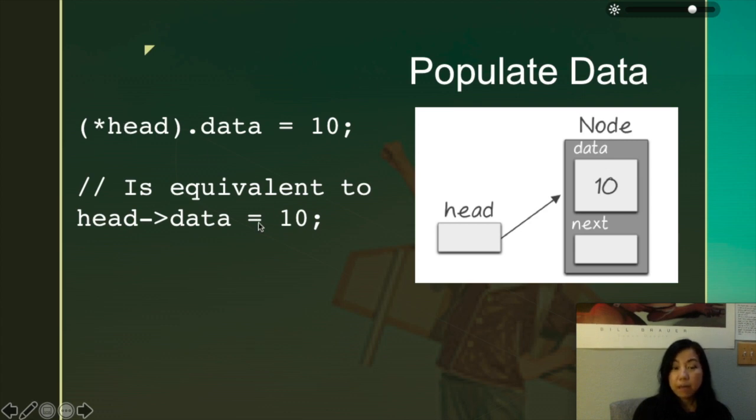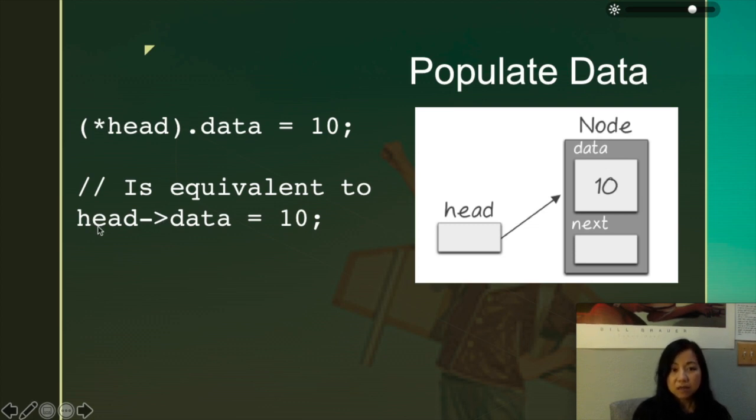Both ways are exactly the same. This way you've seen before, and you need parentheses because of the hierarchy of which operator will be evaluated first. Actually, the dot has a higher priority, and that's why without the parentheses this will not work.